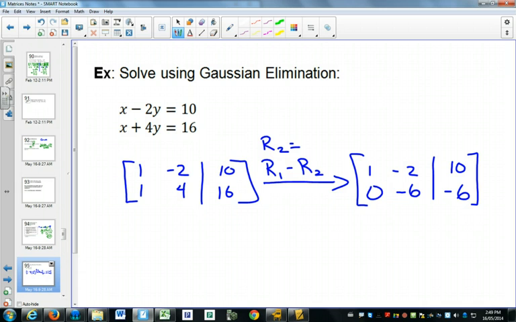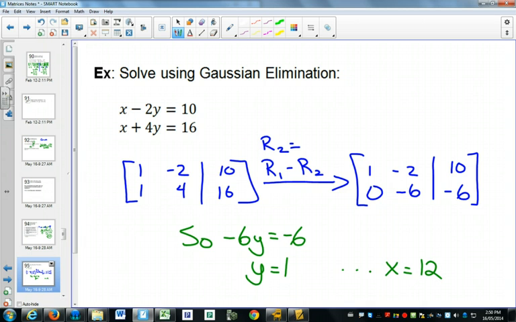Once I get a 0 there, I can say, so minus 6y equals minus 6 means y is equal to 1. Plug that back in, and you'll get. Jared, what does that say? 5, 0. Yes.